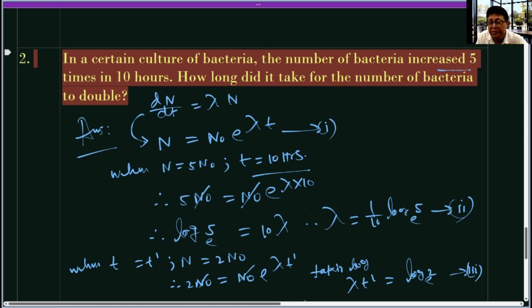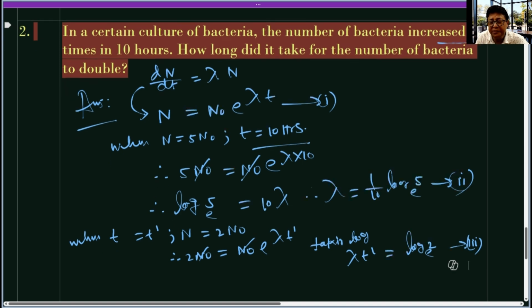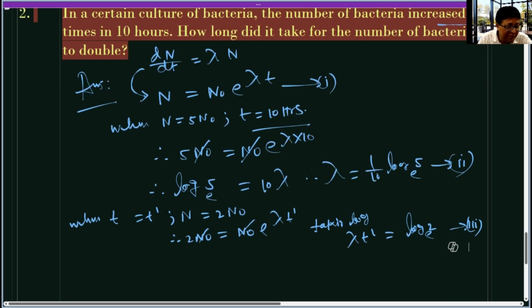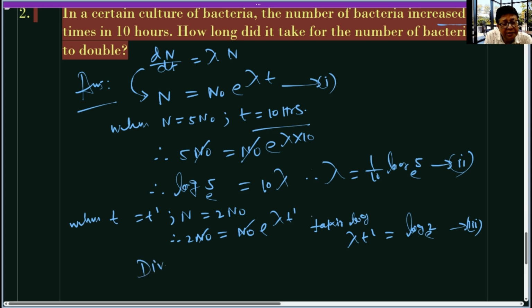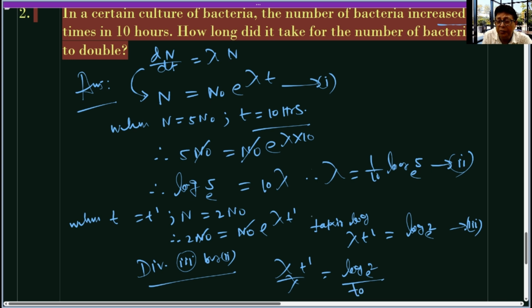Alright? Log 2 base e. Now go on dividing. Just dividing. t dash by 2... t dash equals log 2 base e divided by lambda, that is, log 2 base e divided by 1 by 10 log 5 base e.